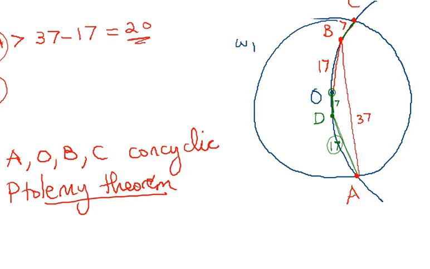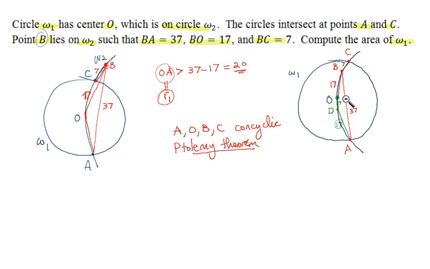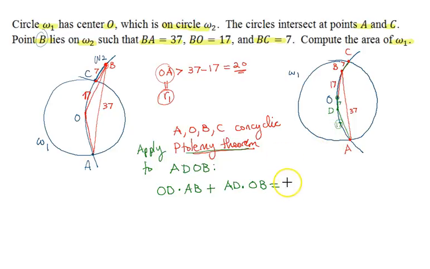And therefore, instead of now applying Ptolemy's theorem to the quadrilateral AOBC, I would rather apply Ptolemy's theorem to quadrilateral ADOB, and therefore what I have is, well, OD times AB plus AD times OB is actually equal to the product of the diagonals OA times DB.